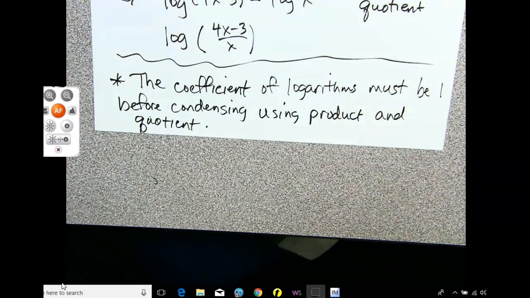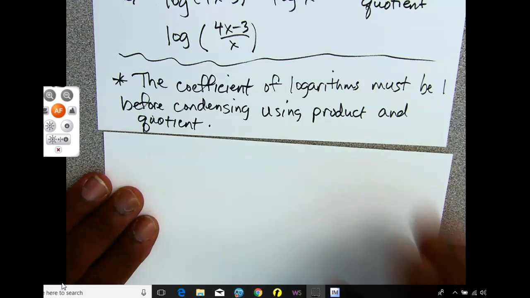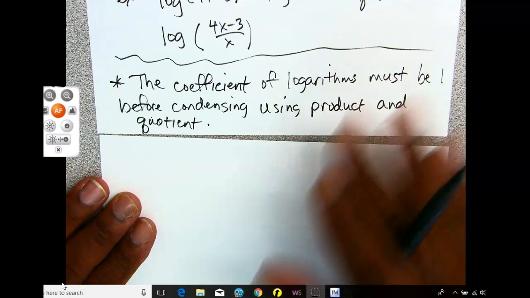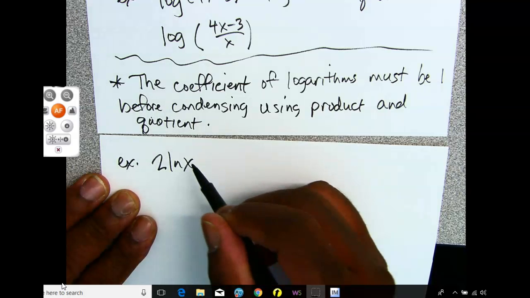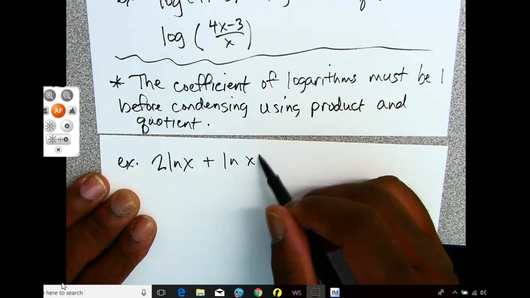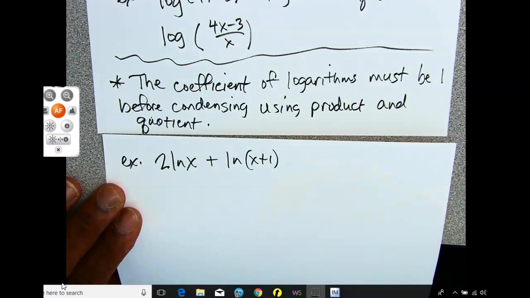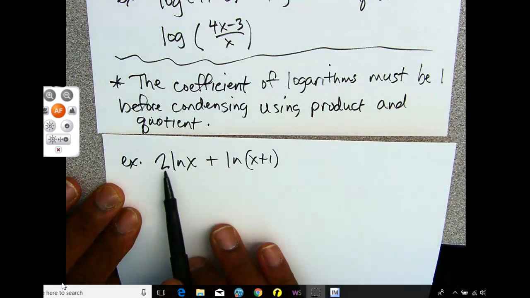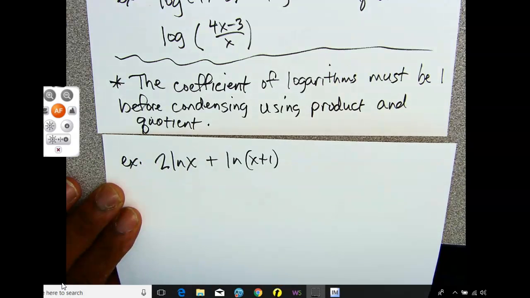So with that said, let's say we have 2 times natural log of x plus the natural log of x plus 1. So right now, we can't condense until that 2 is, well, we're not going to get rid of it.